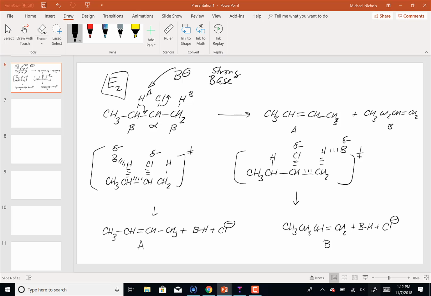And in order to determine that, we have to remember how to name alkenes. So this is 2-butene, and this is 1-butene. And since they have different names, they're different products. So each problem is going to be unique. How many products do we get? And then we'll have to determine the major product.